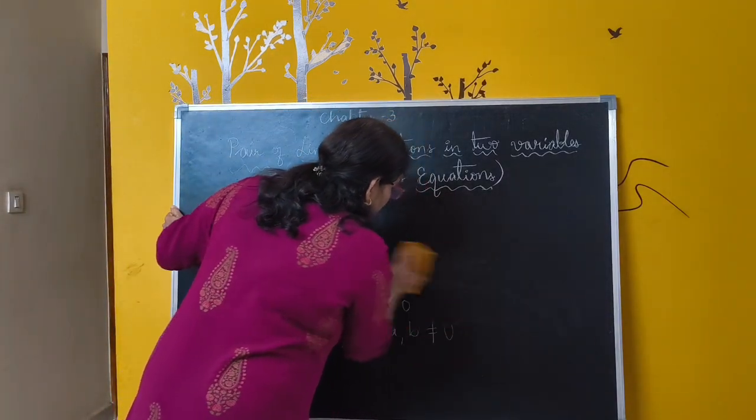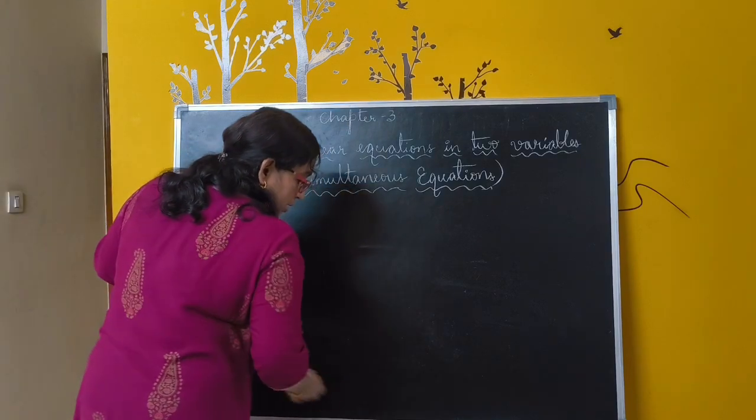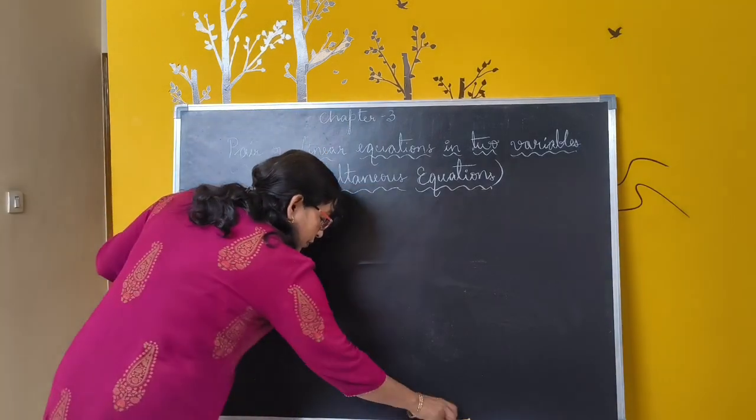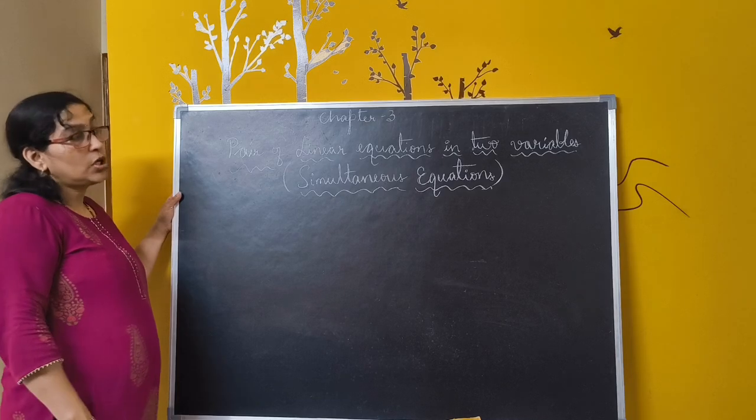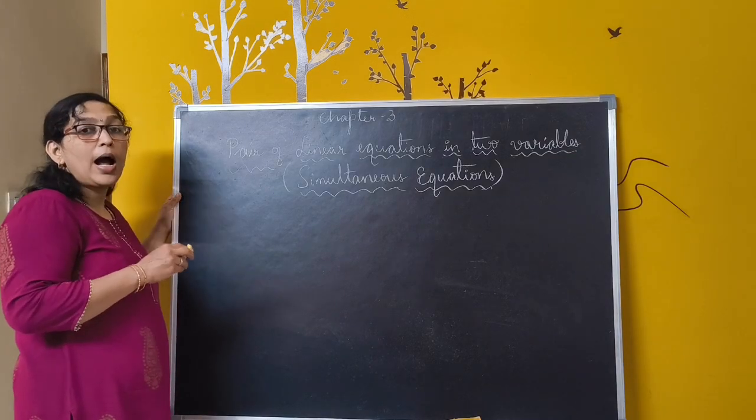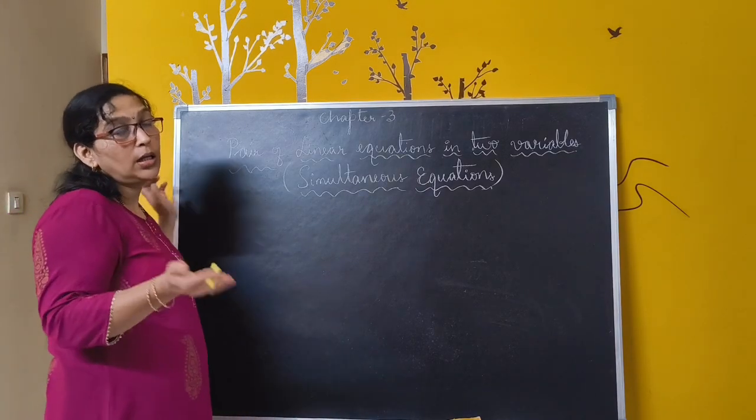The general form of a linear equation in two variables is ax plus by plus c is equal to 0, where a, b and c can be any real numbers.